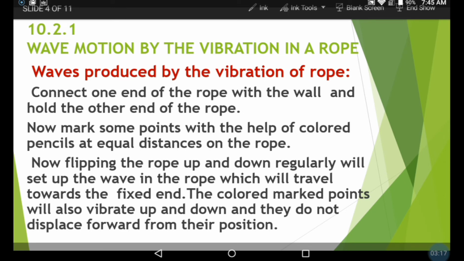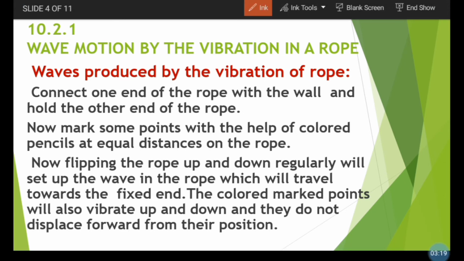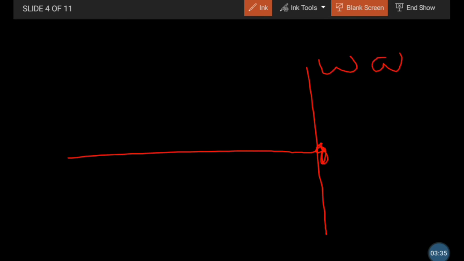Let's see another topic: wave motion by the vibration of a rope. Let's consider we have a rope. One end of the rope is connected to the wall or any support, and we hold the other end.